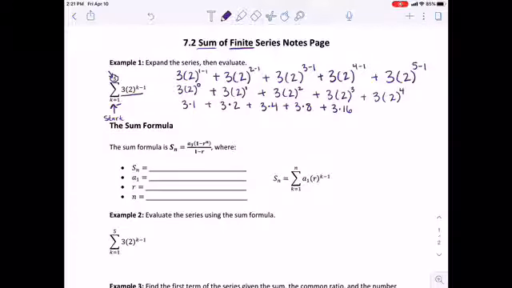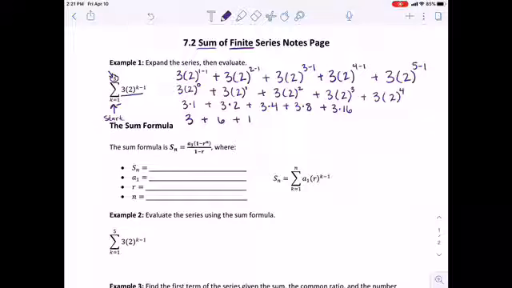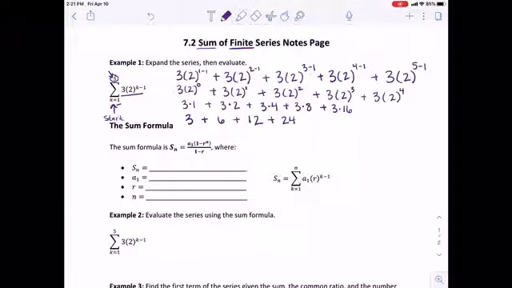Now I'm going to go ahead and multiply that out. 3 times 1 is 3. 3 times 2 is 6, 3 times 4 is 12, 3 times 8 is 24, and 3 times 16 is, my calculator is telling me, 48.